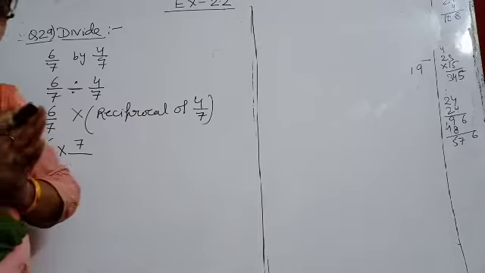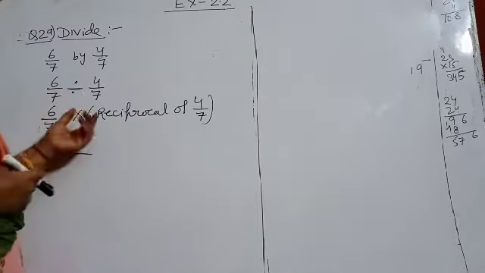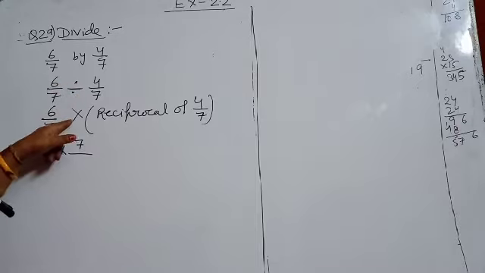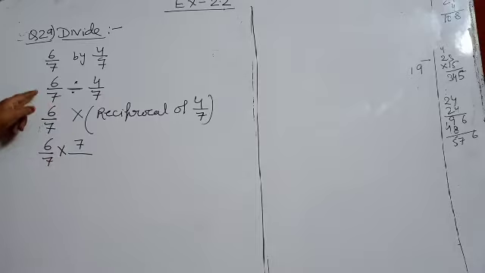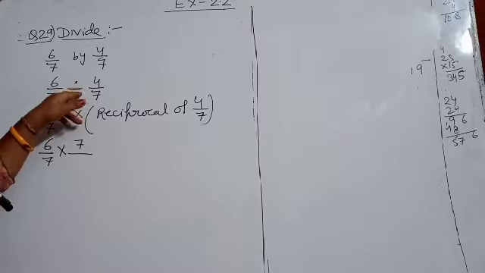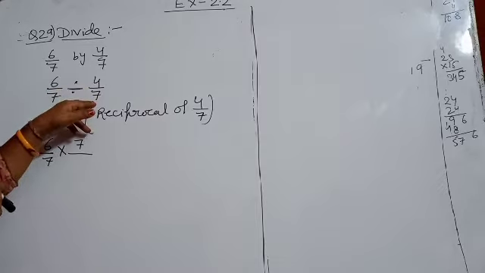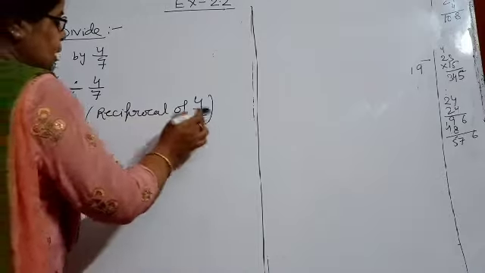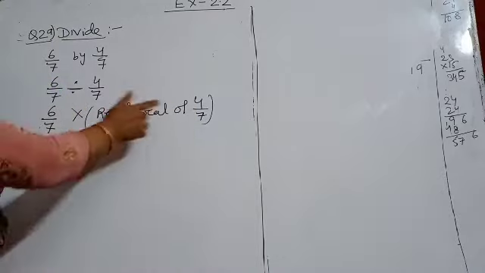In case of rational numbers and fractions both, in earlier classes also you have learned. In case of the division sign converted into multiplication, the first fraction or first rational number remains the same, and after the division sign, whatever fraction is there, you will take the reciprocal of that fraction.